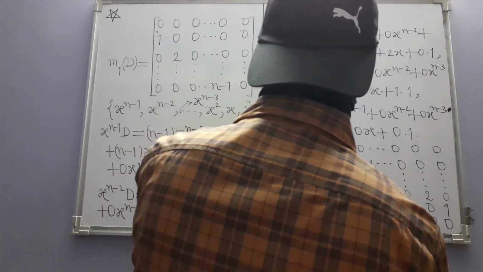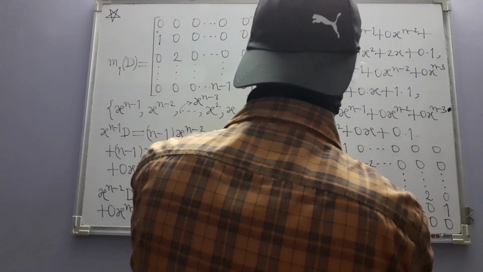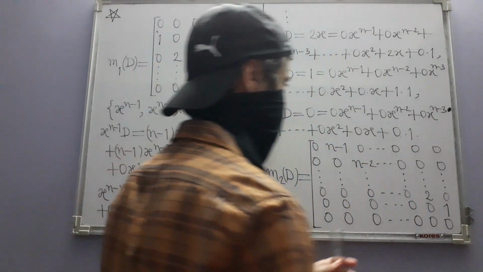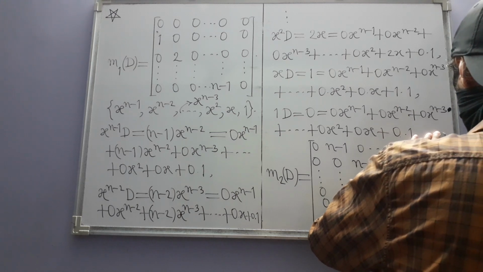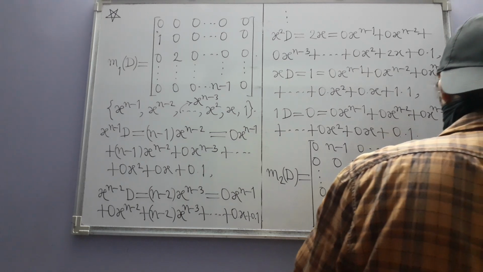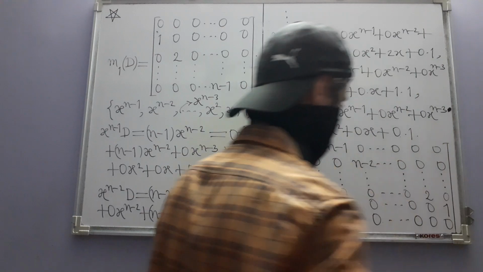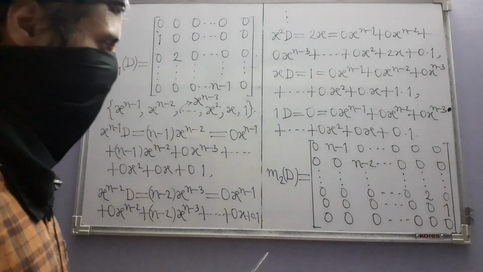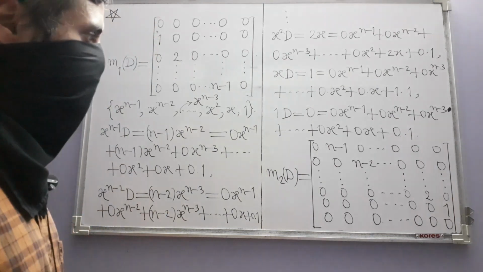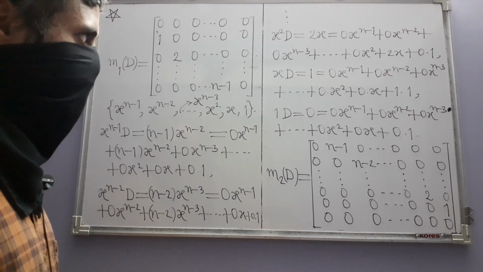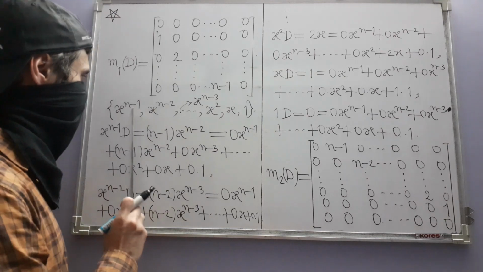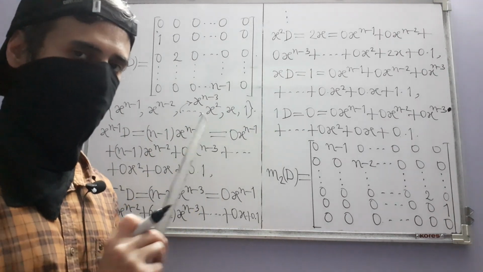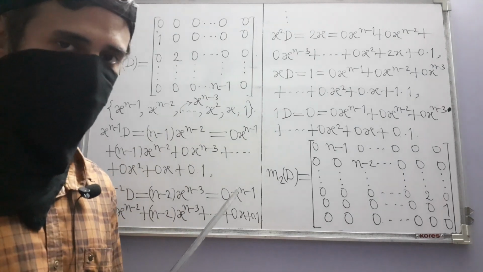So you see that the matrix of that same differentiation operator with respect to this new ordered basis is quite different from the previous one. Also, note one more thing, that the original vectors were also present in the previous basis, only the order has changed.